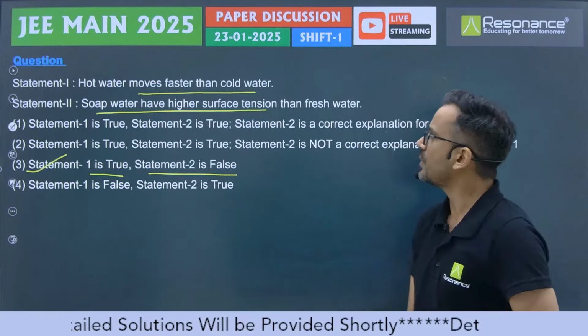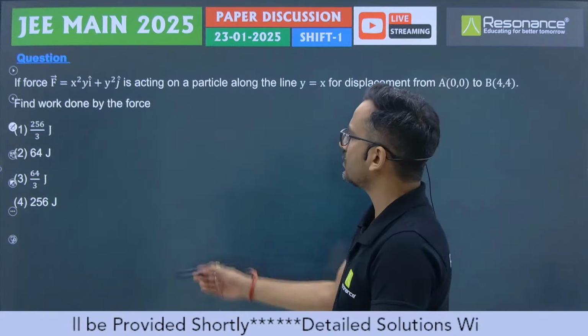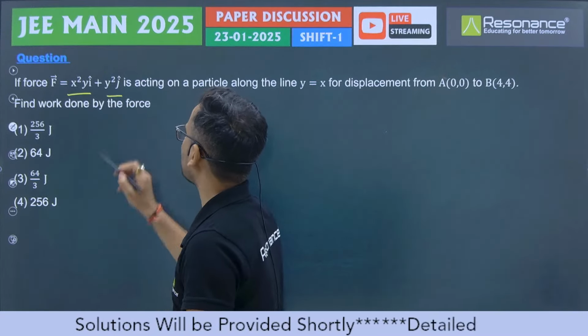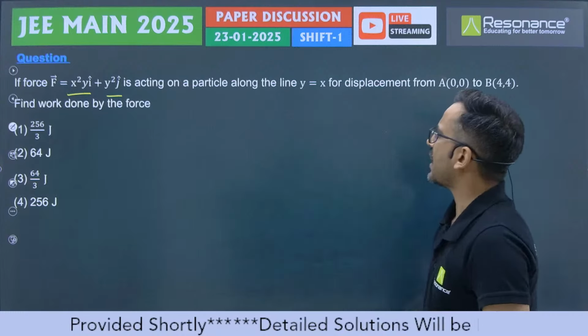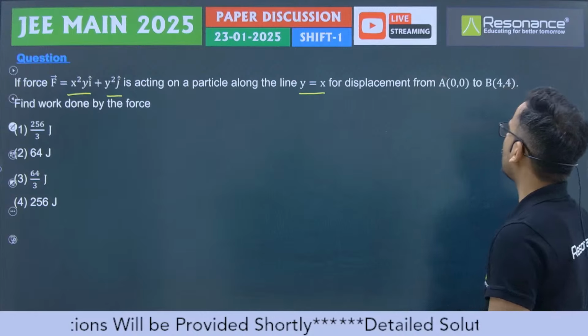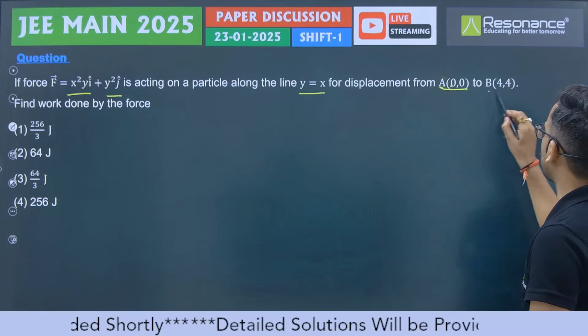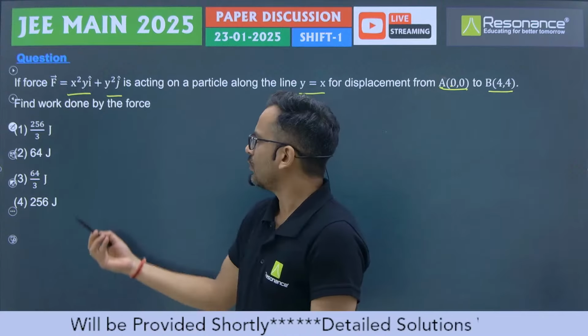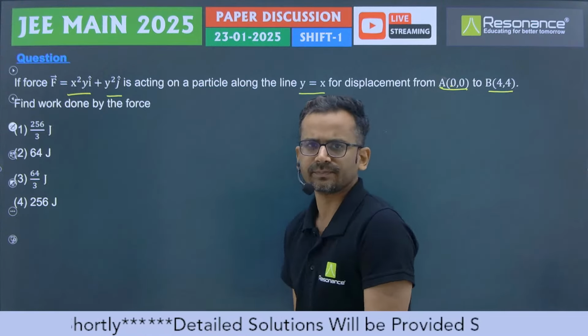Okay. Now moving to the next question. F equal to x square y i cap and y square j cap is acting on a particle along the line y equal to x for the displacement from a equal to (0, 0) to b equal to (4, 4). Okay, we have to find the work done. All right.